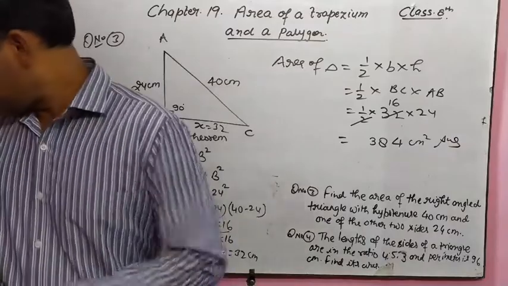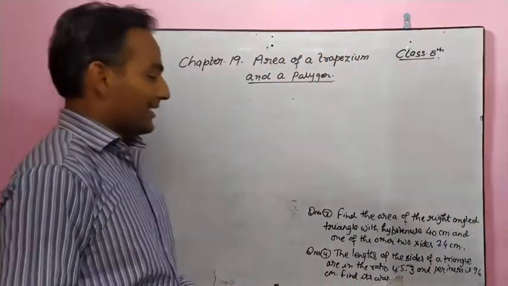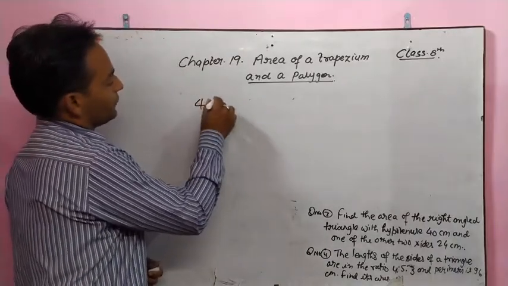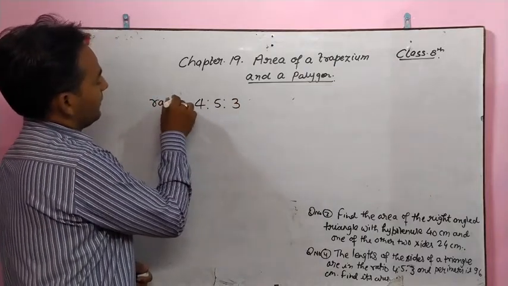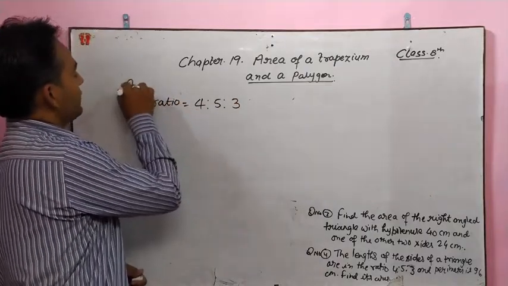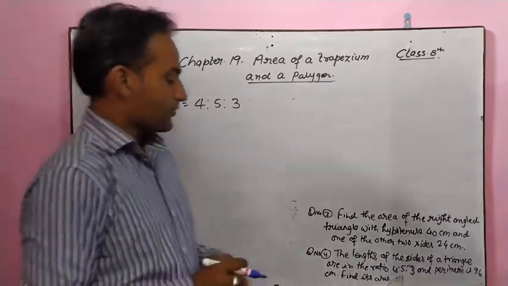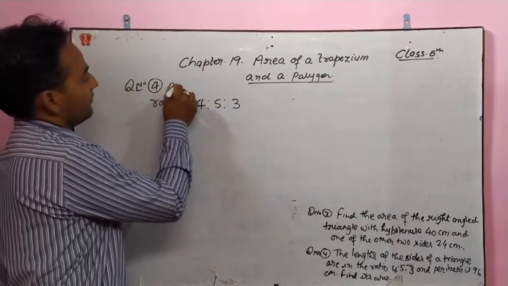Okay. Now, the fourth question is, the lengths of the sides of a triangle are in the ratio 4:5:3. The ratio is given, ratio of sides, question number 4. Ratio of sides are given 4:5:3 and the perimeter is 96.